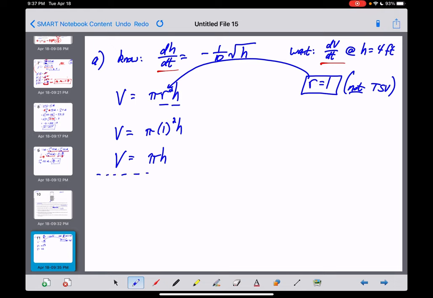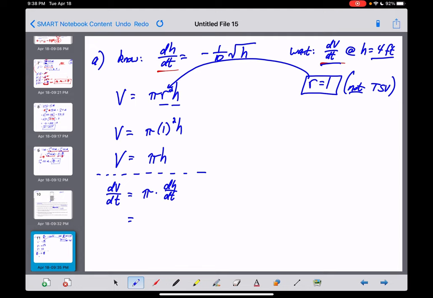All right, guys, in that case, let's differentiate with respect to time. The derivative of volume with respect to time is going to equal pi times dh/dt. Okay, so we wanted dV/dt at the time when h is equal to 4 feet, but I don't think that 4 feet is actually important here because there is no h within this figure.